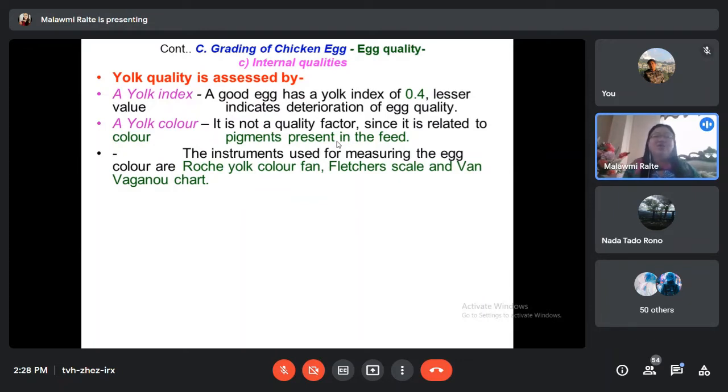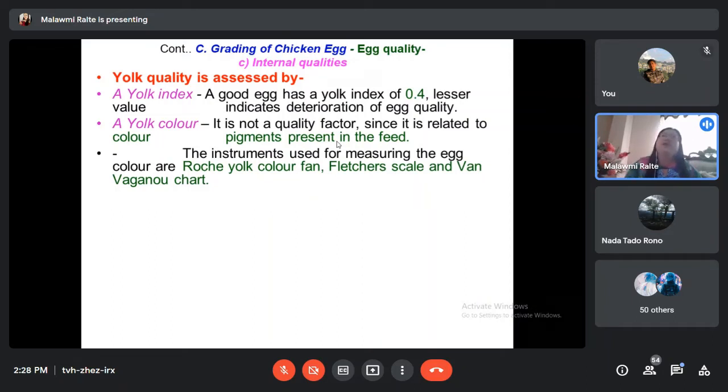Since our childhood we were told that when we crack the egg for frying and all, if we found that the egg is having a very light yolk, then we thought that it might not be nutritious, but it is not so. It is related to the color pigment present in the feed.